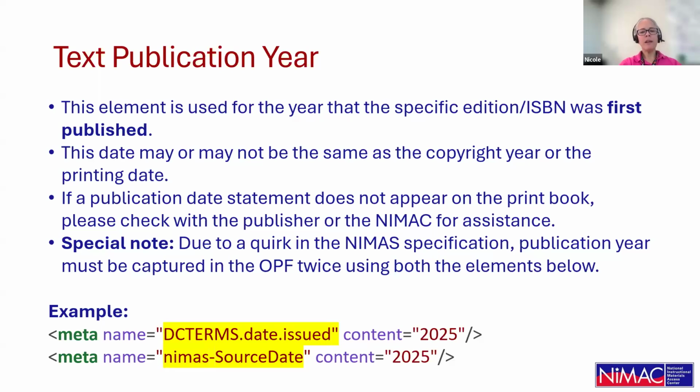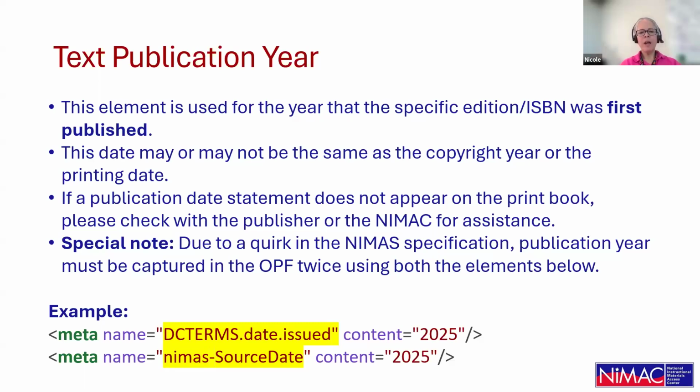Next, we have text publication year. This is again a required metadata element in the NIMAS specification, and it refers to the year that the specific edition or ISBN was first published. And amazingly, this can sometimes be tricky information to locate or discern.